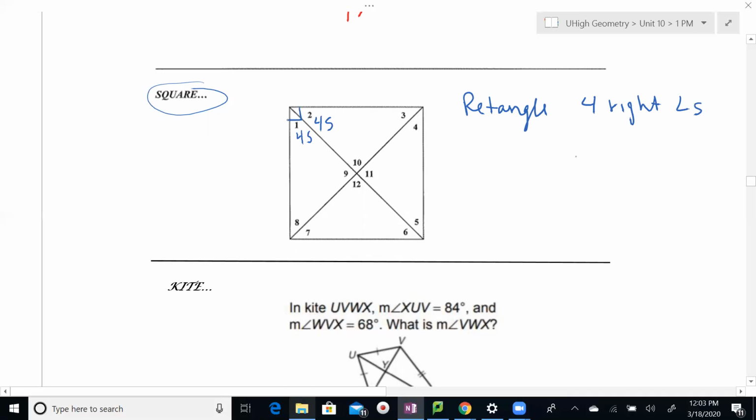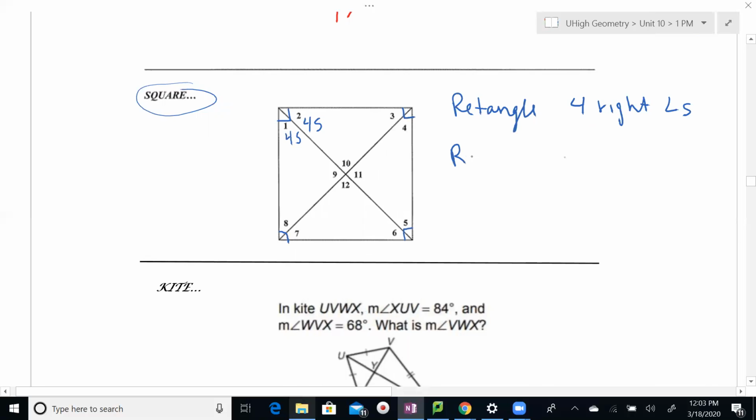So all of these are going to have to be right angles. And since I am a rhombus, my opposite angles are bisected. So they're split in half. So all of my outside angles, 1, 2, 3, 4, 5, 6, 7, and 8 are all going to be 45 degrees.